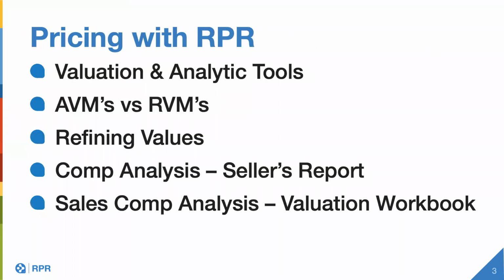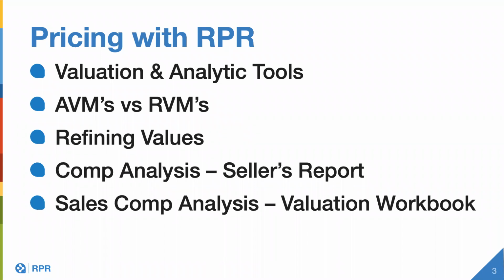So when you're pricing with RPR, we have a lot of valuation and analytical tools that can really help you in pricing that property. We're also going to talk about what's the difference between an AVM and an RVM. And I'm going to give you a little more information about those so you can better understand how to analyze those. I'm also going to show you how you can refine the value.